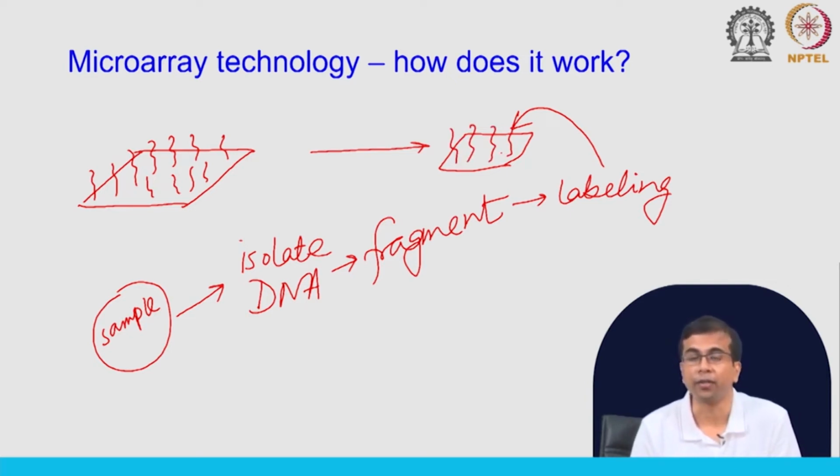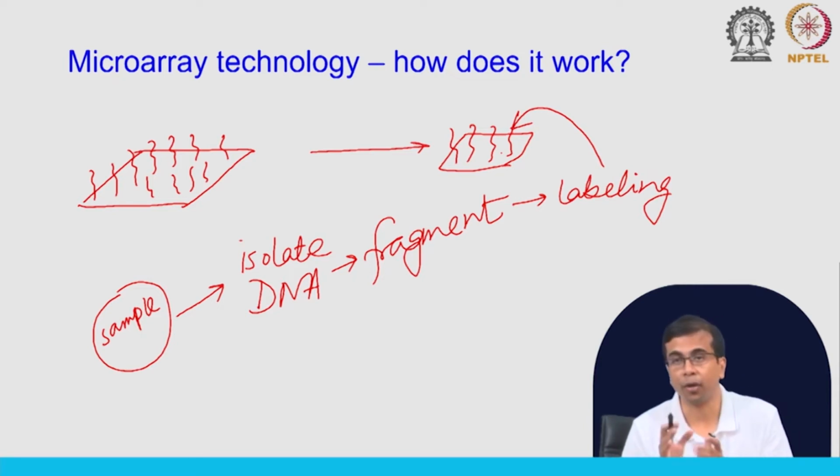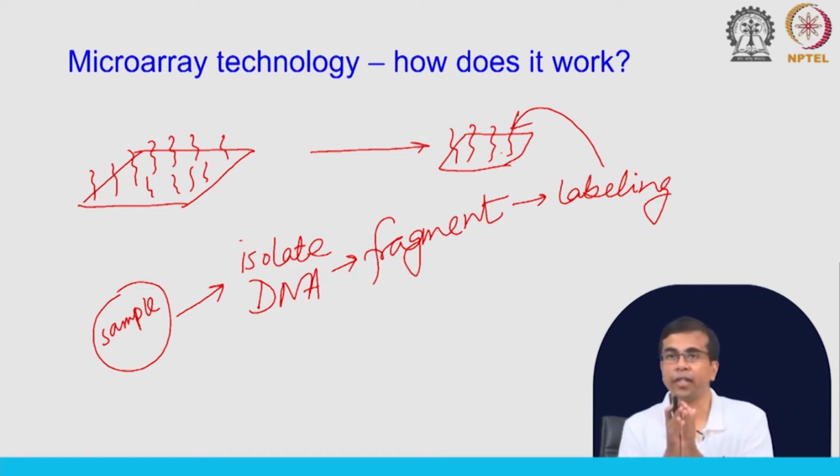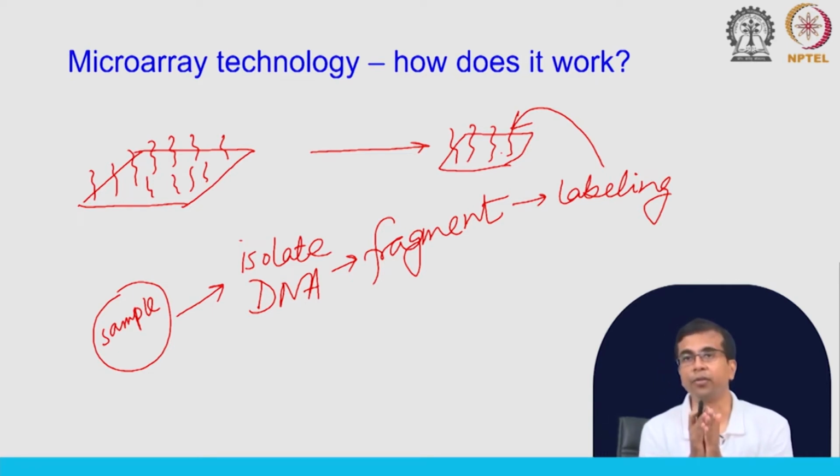There is hybridization. So, what it means? If you have complementary sequence, you will see formation of double strand. So, double stranded DNA molecules will form, and with this formation, these labels will be retained on the array. So, this is the process of hybridization.